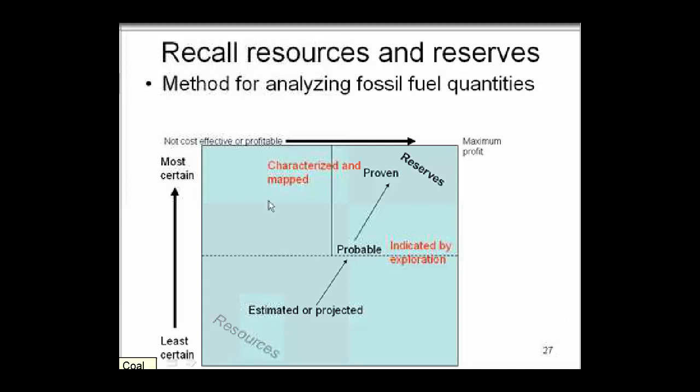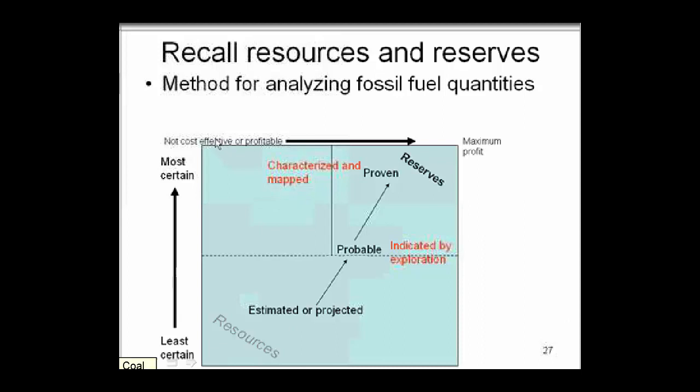With time, as further understanding and exploration may be incorporated, you may discover that these are probable resources and are maybe in an early stage of being considered reserves. And so as the initial guessed resource becomes more certain, then it transfers from the category of a resource into the area of a reserve.